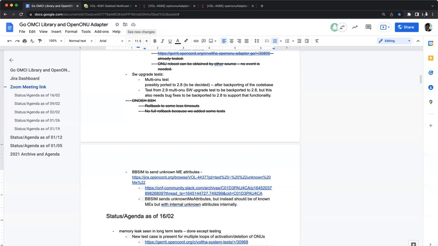Okay. So I think that is the conclusion, that we should still send unknown attribute types. Actually, these are two use cases. One use case is to send unknown MEs, and one use case is to send unknown attributes for known MEs.